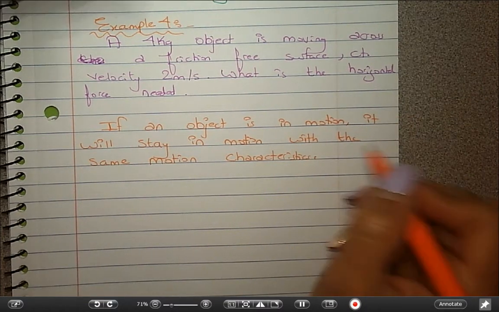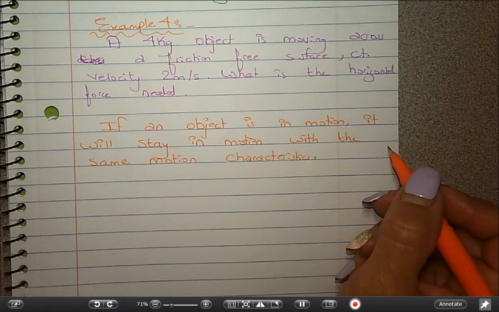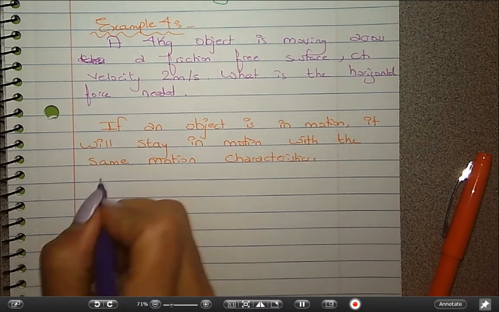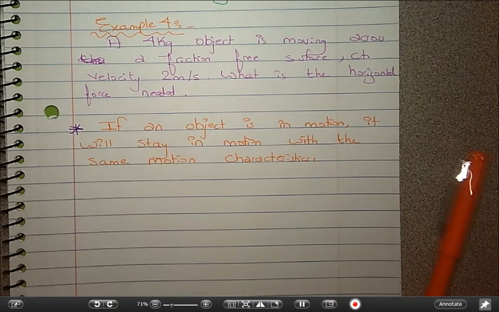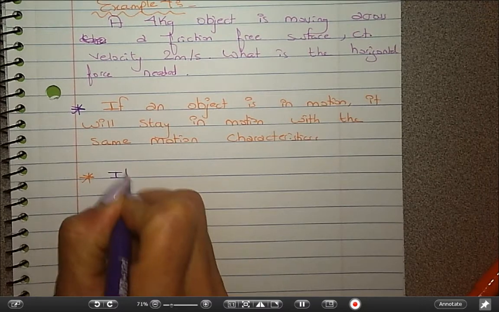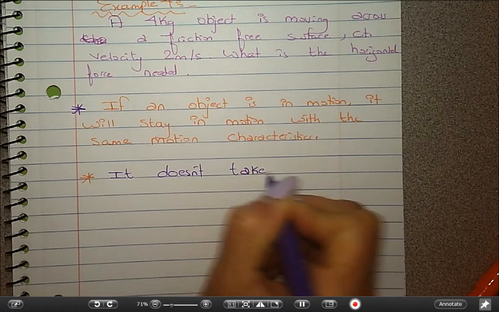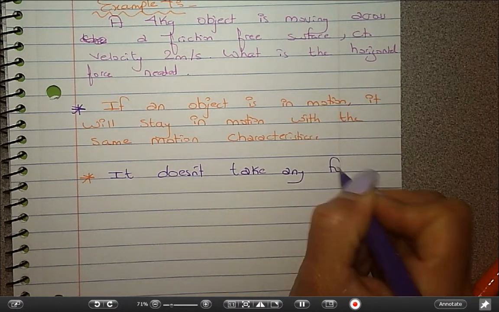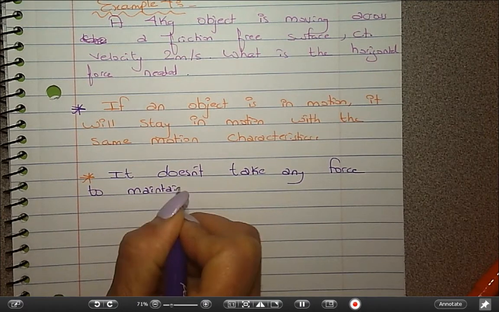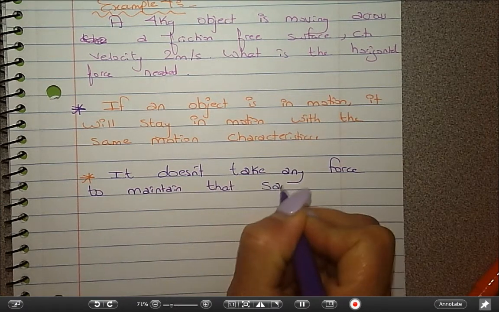So it shouldn't take any force for the object to maintain the same state of motion. So let's write this down. It doesn't take any force to maintain that same state of motion.